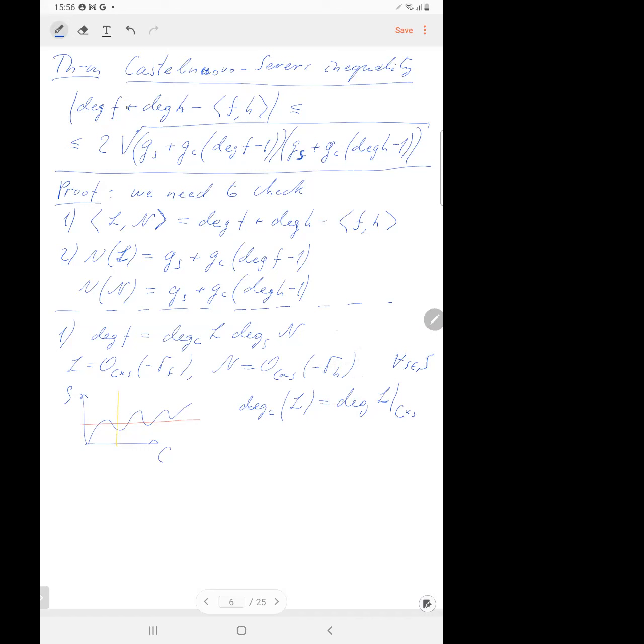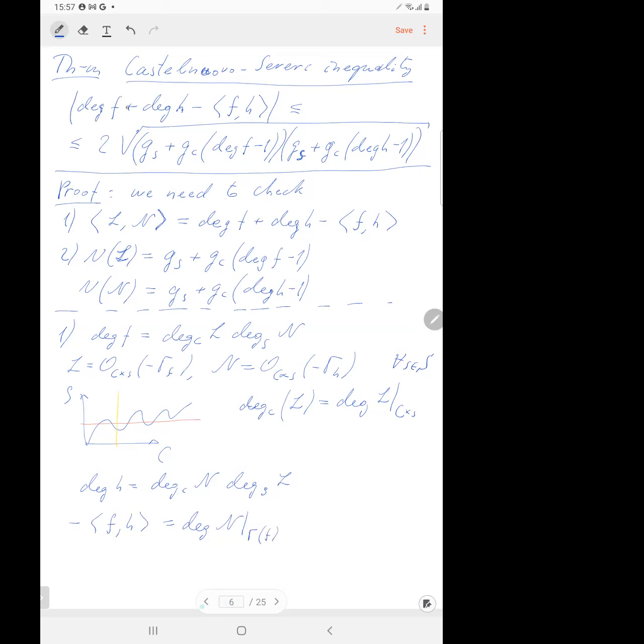Thank you. So that's what we get here, and then symmetrically degree of h will be equal to degree along C of N times the degree along S of L. Okay, and finally the negative pairing of f and h is equal to the degree of N restricted to the graph of f.